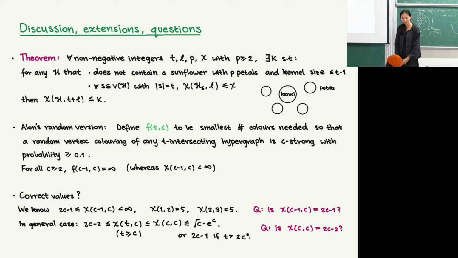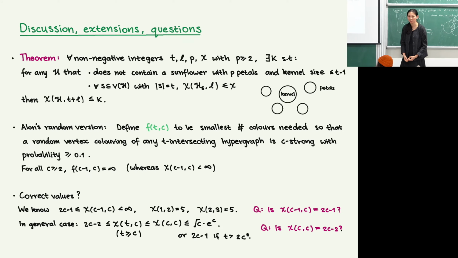So really this is the correct obstruction for coloring highly intersecting hypergraphs. Although for the exclusion of a sunflower, there's less that we can say. You do need to exclude something, but maybe you could give a more general condition there.